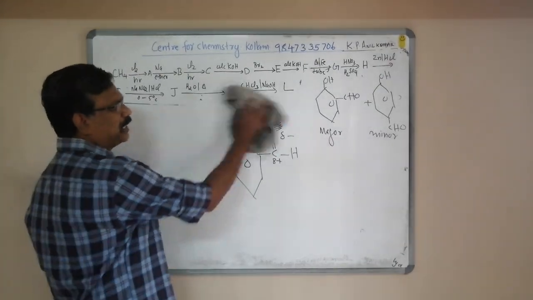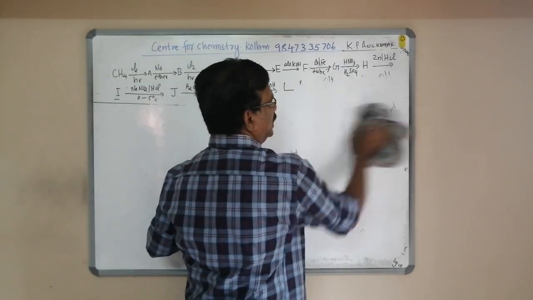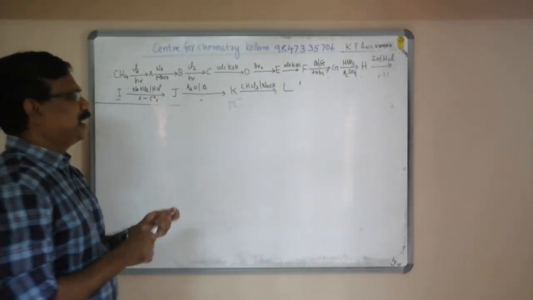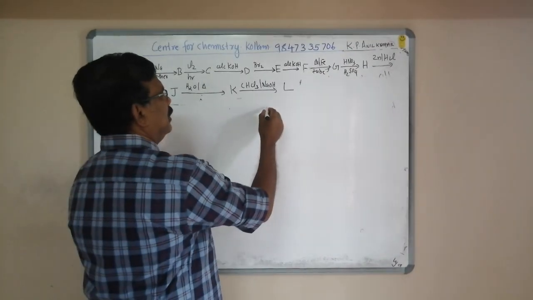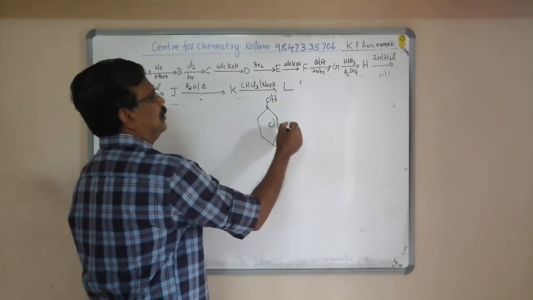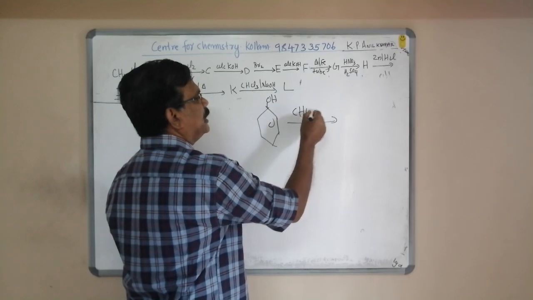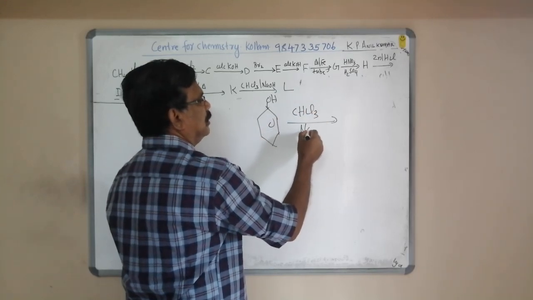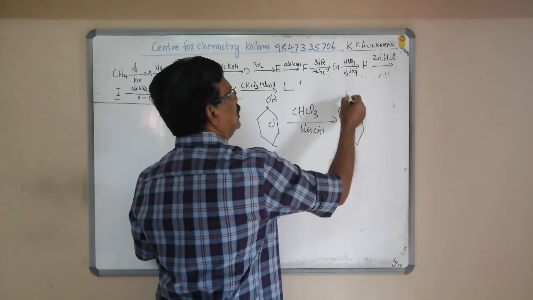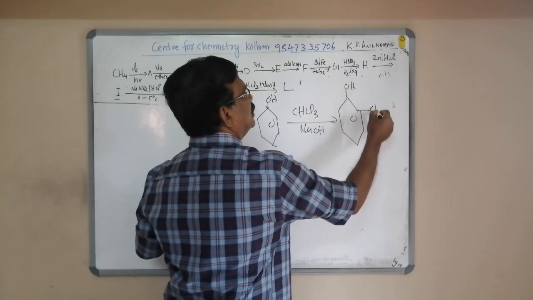So we can discuss the mechanism of this Reimer-Tiemann reaction. So this is Reimer-Tiemann: phenol, chloroform and alkali. The CHO group will be introduced mainly at the ortho position.